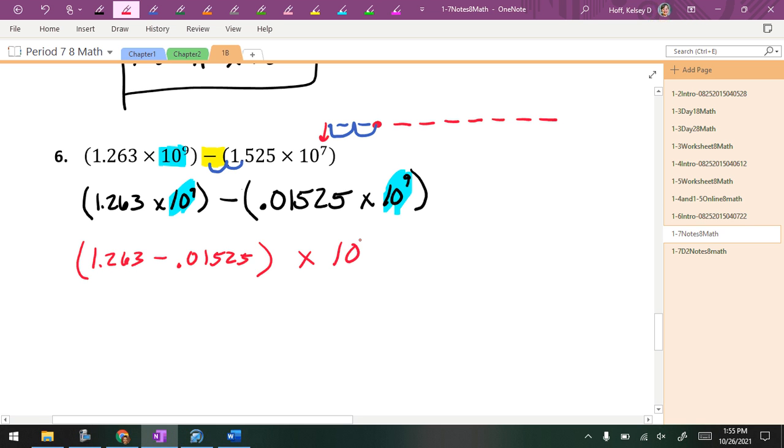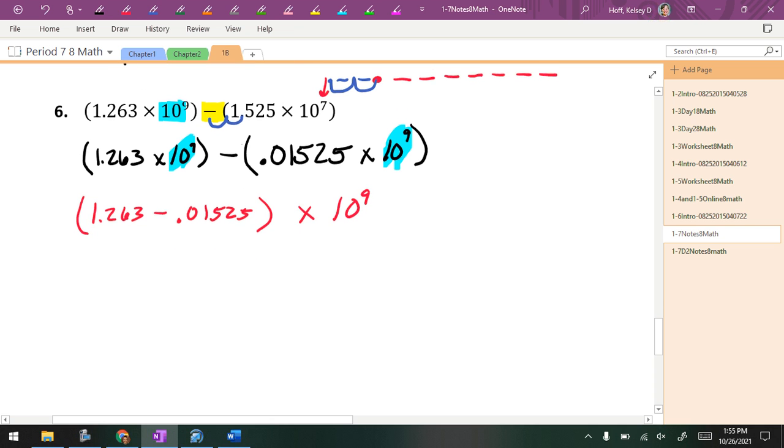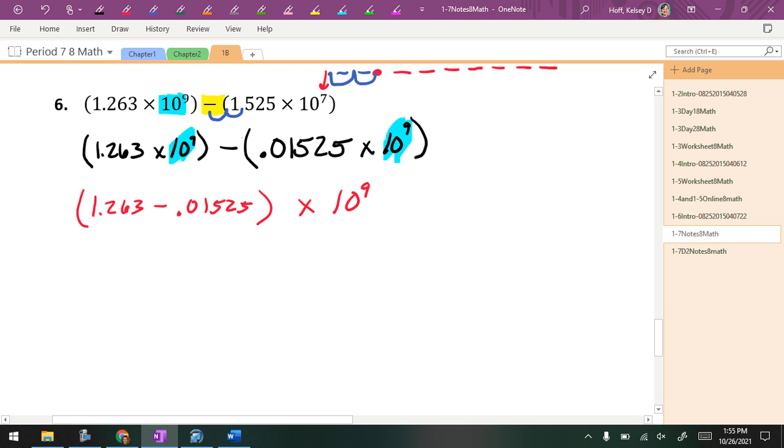And I'm going to steal 10 to the ninth. Now you guys know I'm terrible at subtraction, so hopefully somebody's going to help me out here. Anybody second him on that? 1.24775? Yes? Times 10 to the ninth.